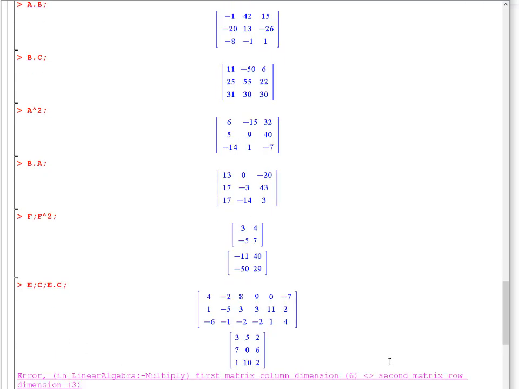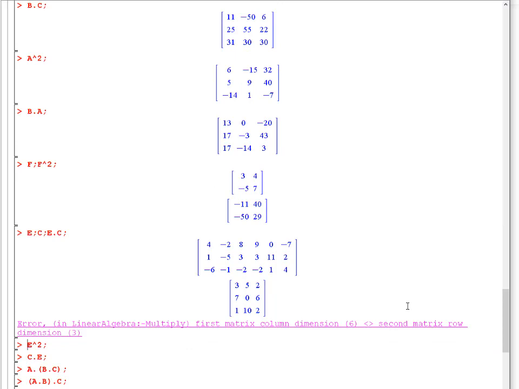Okay, here we have the first error. Hopefully you should be able to think why there's an error, because if I try to multiply E by C, I need to take all of this and match it up with all of this. But it's not possible because here there are 6 numbers and here there are 3. So it's not possible. E squared is also not possible because this does not match with itself.